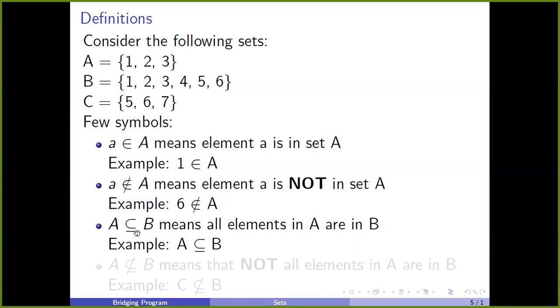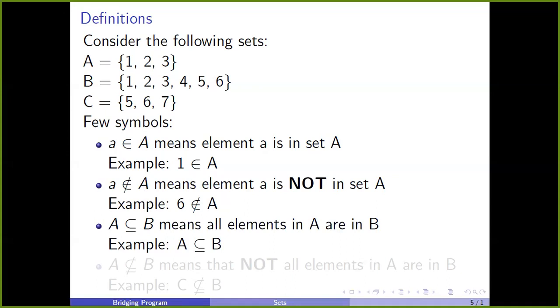So if I write it like this, then A is the subset. A has fewer elements, and all the elements that are in A are actually in B as well. Look at this example. A has 1, 2, 3, and B has 1, 2, 3, and more than that as well. So all the elements that are there in A are in B. That is what this means.